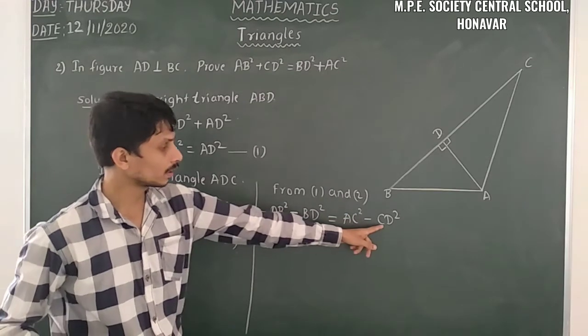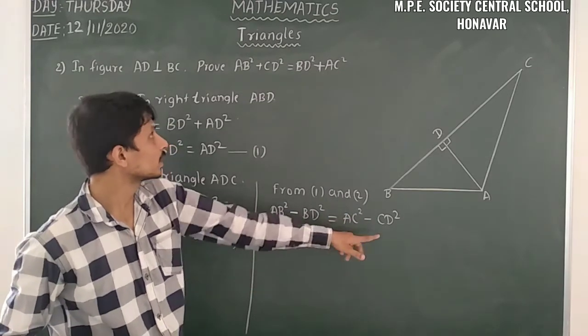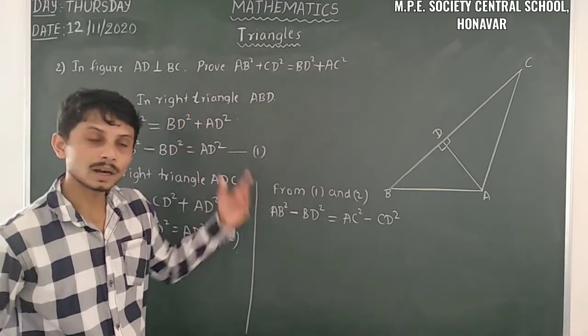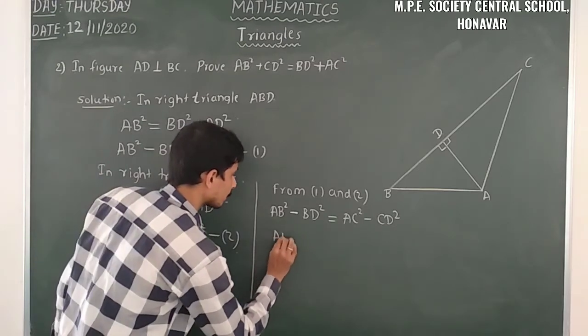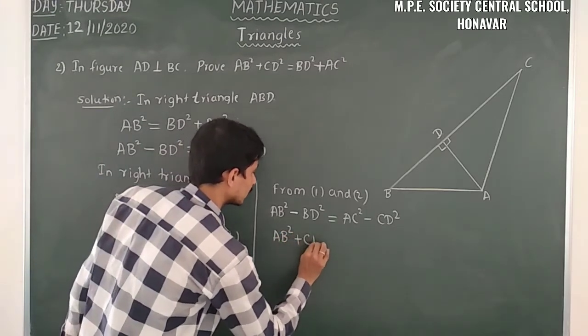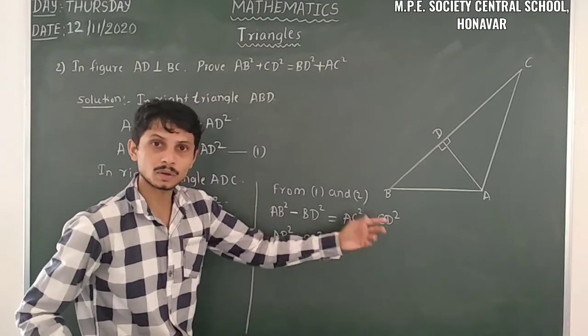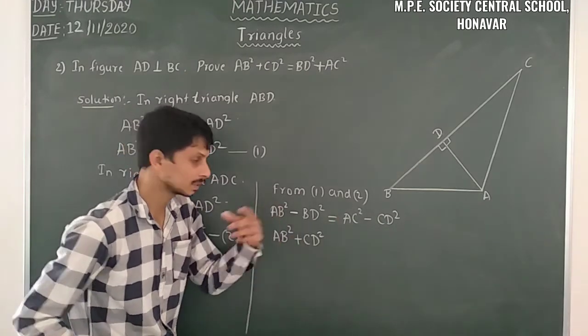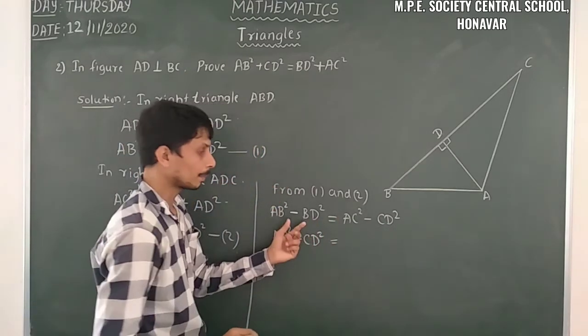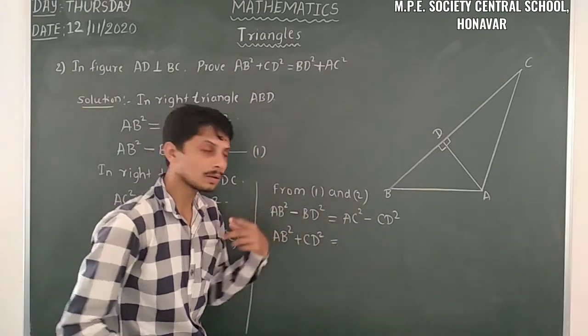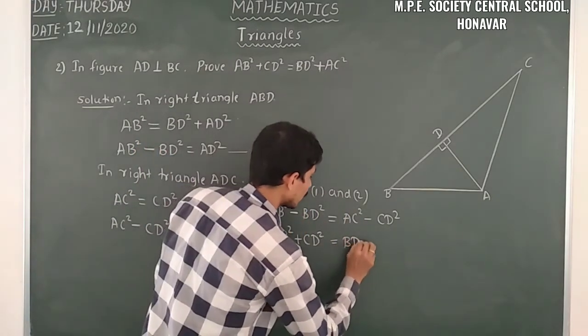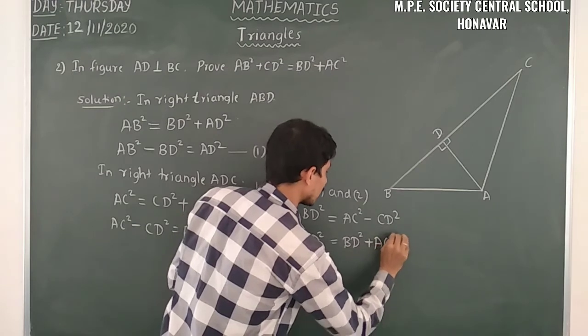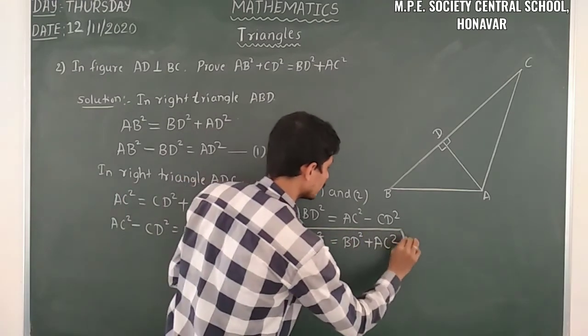Here we can transpose CD square and BD square. After transposing minus CD square, here we have plus CD square, and after transposing minus BD square we have plus BD square. So we have the required form.